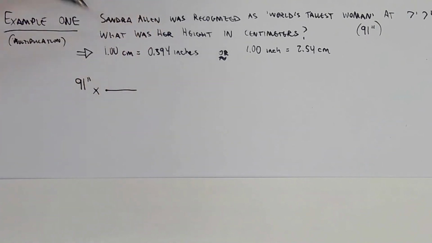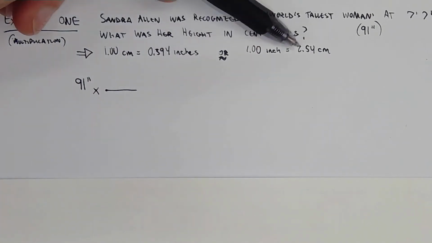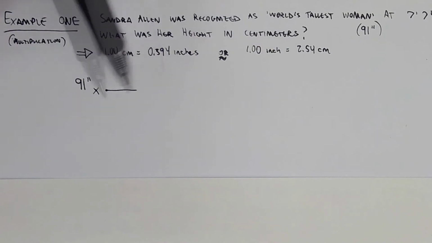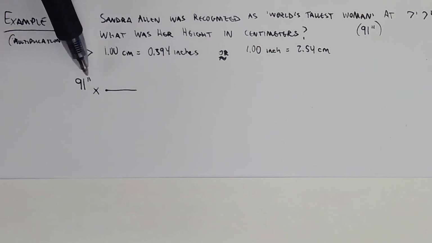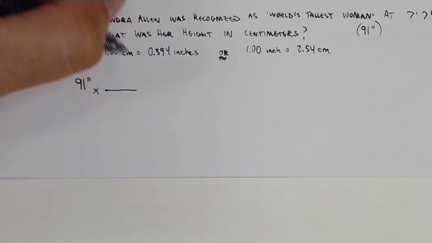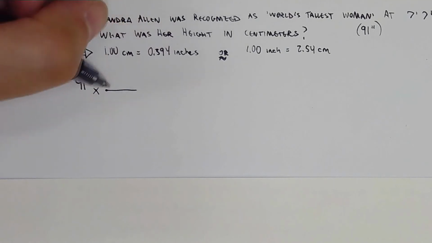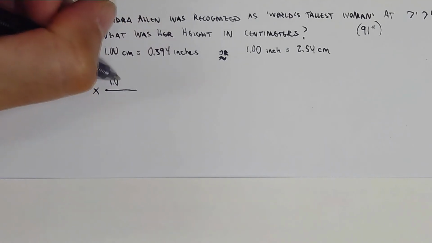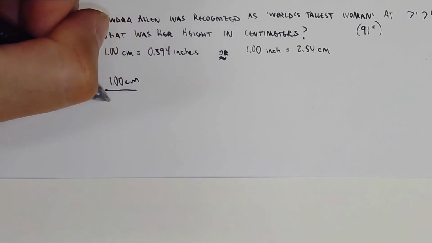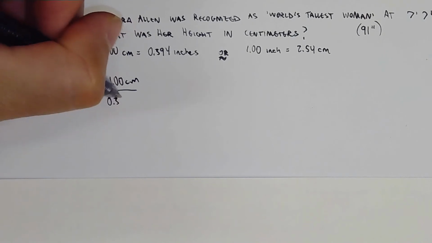Now that I have values that are related to each other, I want to set up a fraction such that inches cancels out. In order for inches to cancel out, I want inches to be on the bottom. So I could set it up like this. I could take this information right here, and I could write this.